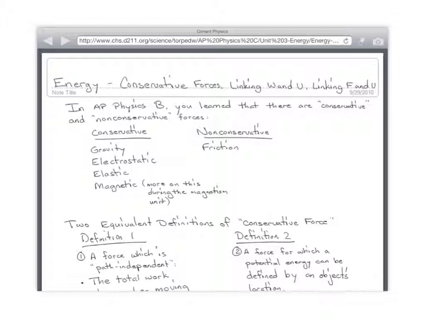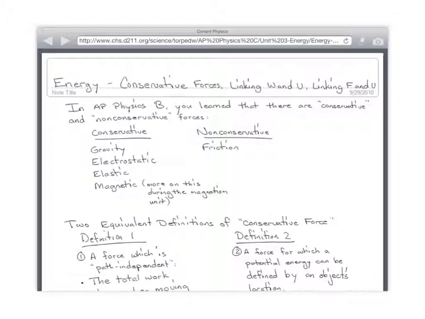So if you have a conservative field, then all that matters is your location in that field. It doesn't matter how you got there or what path you took. Potential energies are defined only for conservative force fields. So 1 joule, 2 joules, 3 joules, 1 joule, 1 joule, path doesn't matter.